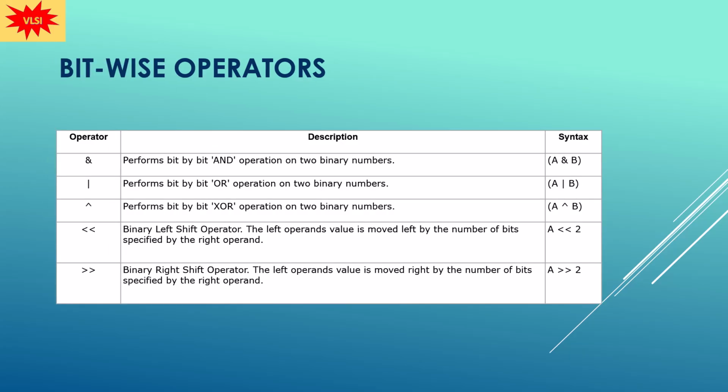Now we have bitwise operators. So basically these bitwise operators take a complete binary number and then perform bit by bit AND operation, OR operation, or XOR. They also help in left shift and right shift operations as well.